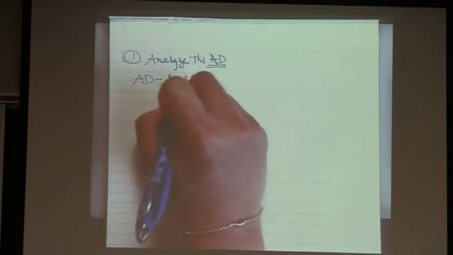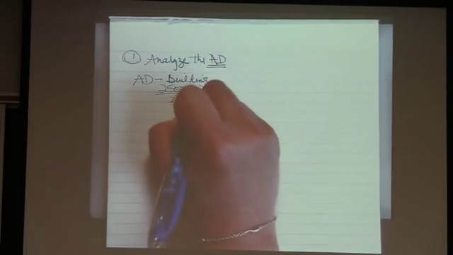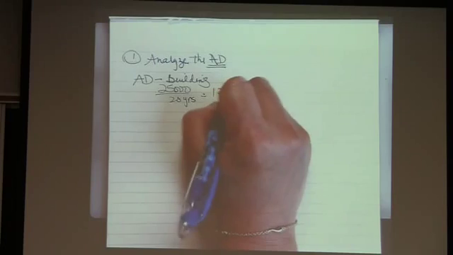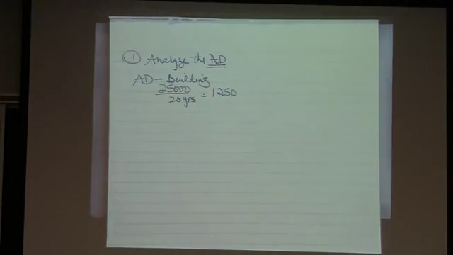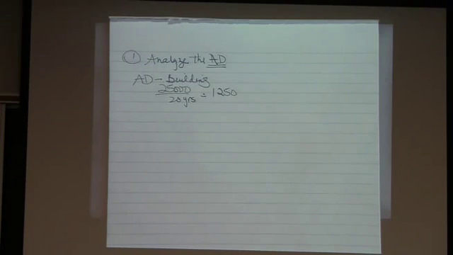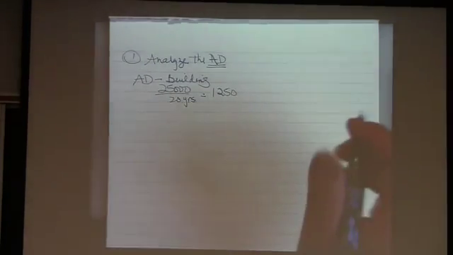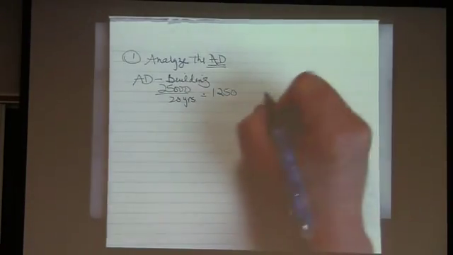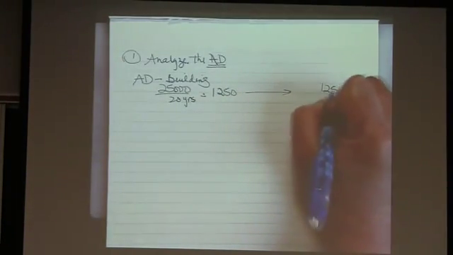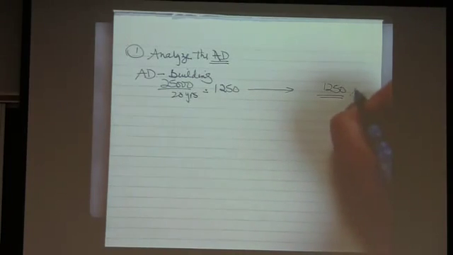And as we said, it was 25,000 divided by 20 years, which gives us 1,250. And when was this purchase? This was on January 1st. Now, I don't really care about how much of my AD I've already amortized because I'm not doing a statement of retained earnings. I'm only doing the current year's income statement. So I know I've got to incorporate 1,250 here. We're going to label that as A.